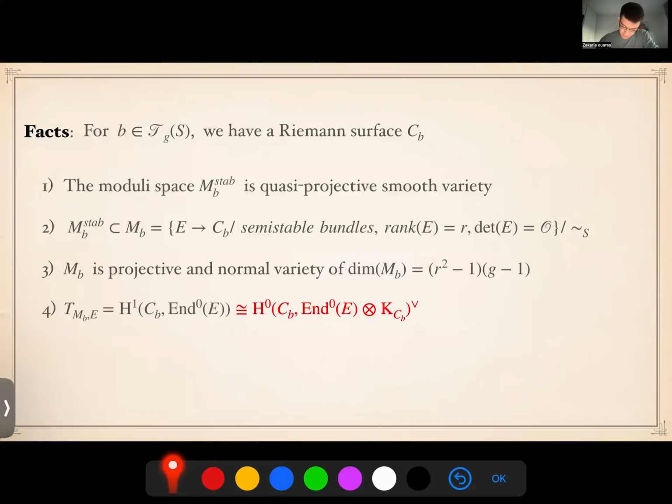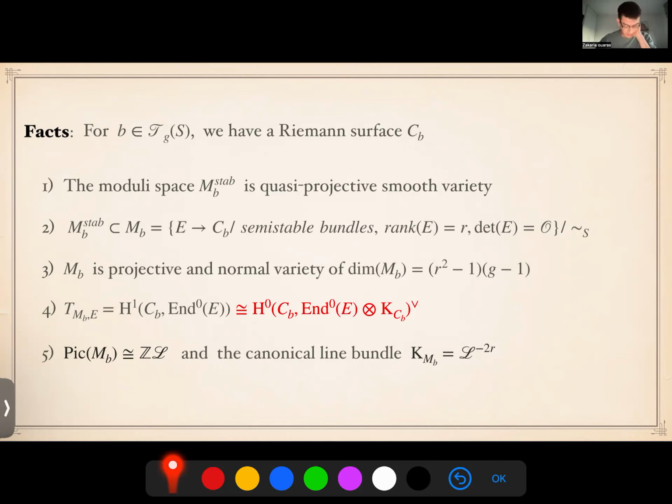The last important geometric property is that this moduli space has Picard group reduced to Z. So this is the Drezet and Narasimhan theorem, and they show that the canonical line bundle is exactly -2r multiple of the generator. This line bundle, we call it the determinant line bundle.